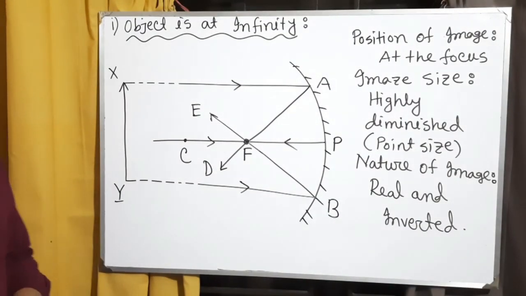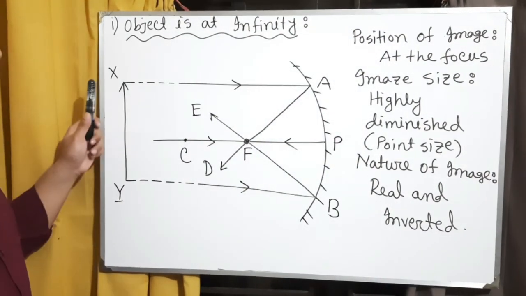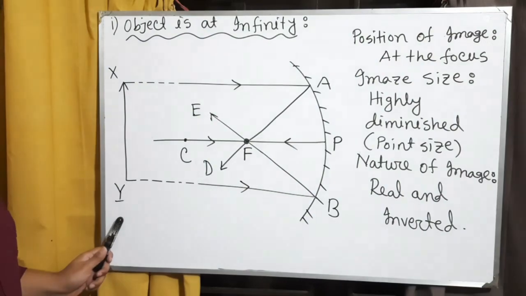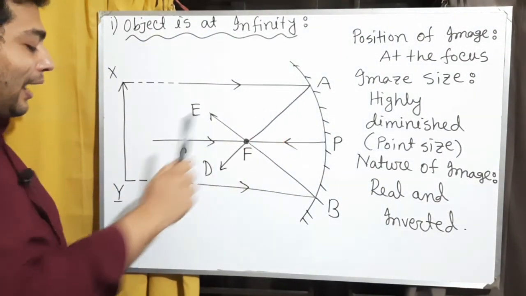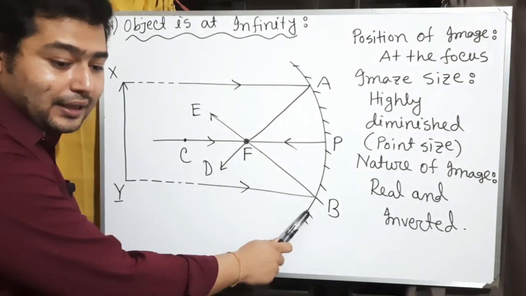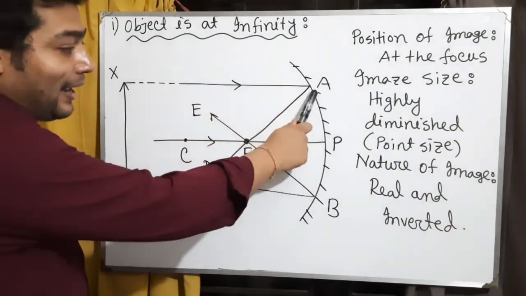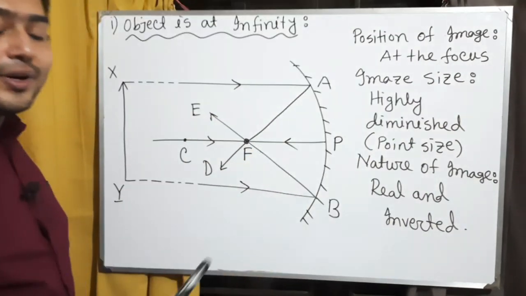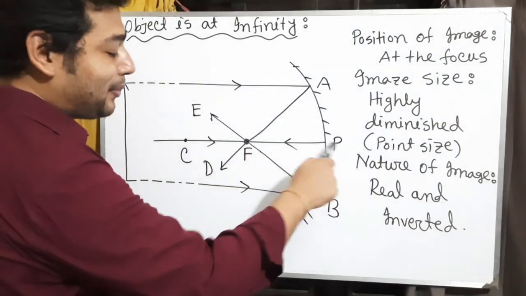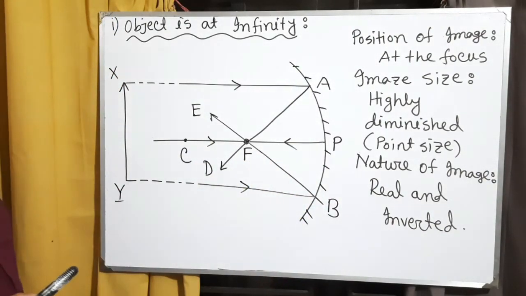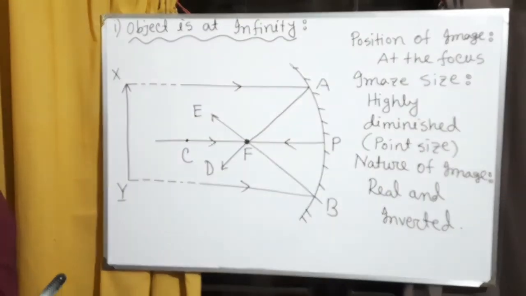From the points X and Y, two rays XA and YB are incident at points A and B respectively, parallel to the principal axis. Here CFP is our principal axis.